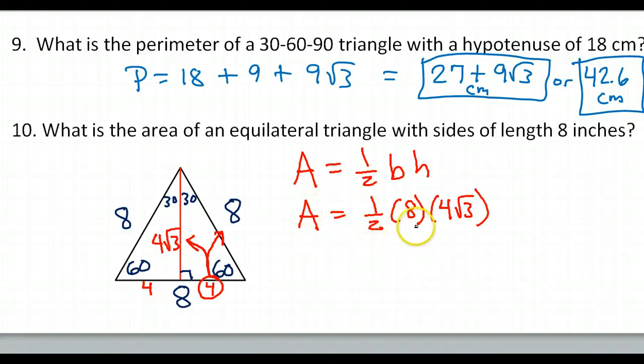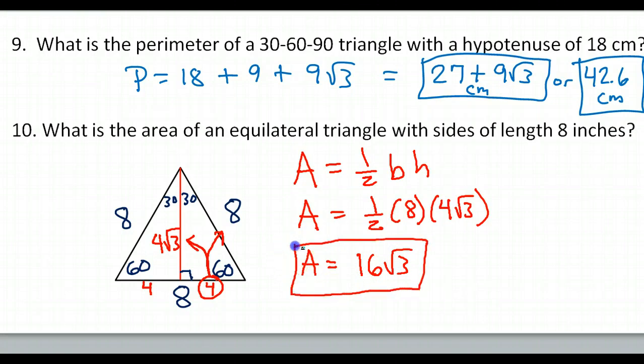So look, if you wanted to do this in your head, you could do it this way. 1/2 of 8 is 4. 4 times 4 is 16. So this is going to be 16 radical 3. If you were not comfortable with that, you could just type the whole thing into your calculator, but it's easy enough to do in your head, so give it a try.